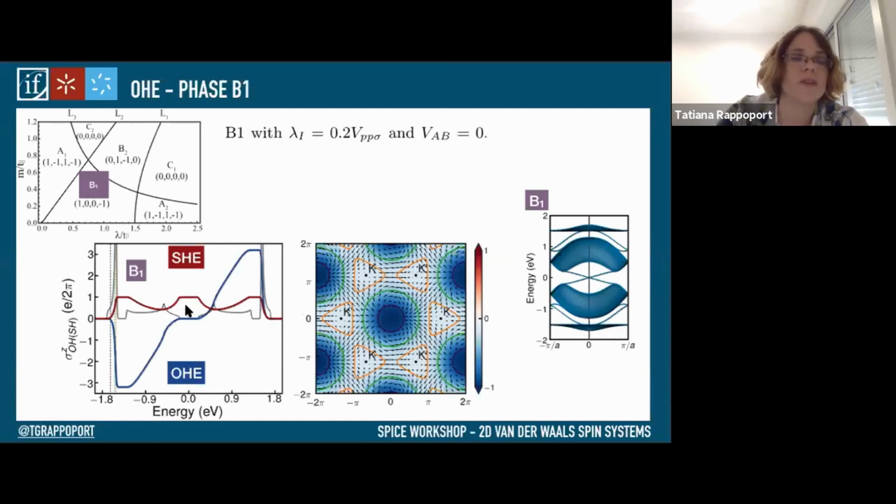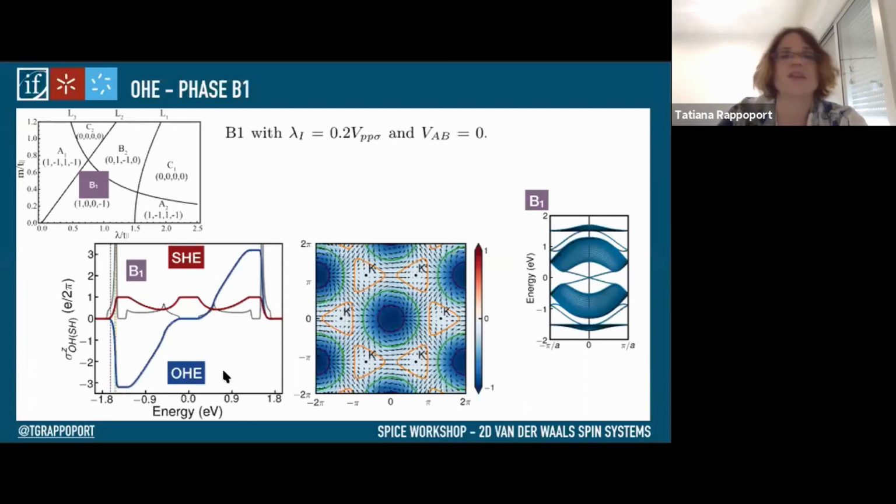And because it's an odd function, it goes to zero at the central gap. And this can also be seen because these in-plane textures will get canceled if we consider the two lowest bands, for example, they will be compensated. But if we look at the lowest band, this is the texture that we have. And the orbital Hall effect begins to increase exactly when the electrons see these in-plane textures.